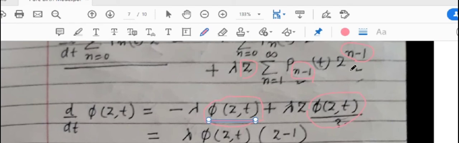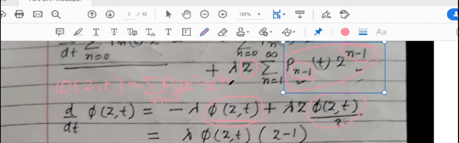This is p_{n-1}(t) z to the power n. By the definition of phi(z,t), the generating function is defined simply as the sum over n from 0 to infinity of p_n(t) z to the power n.